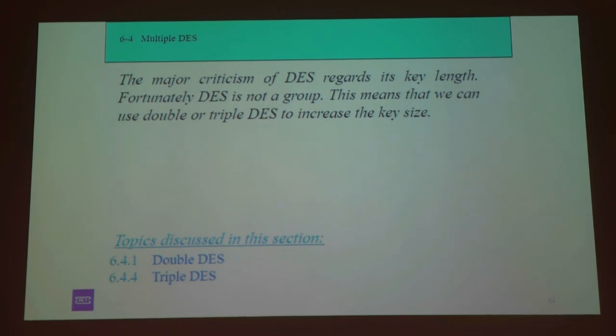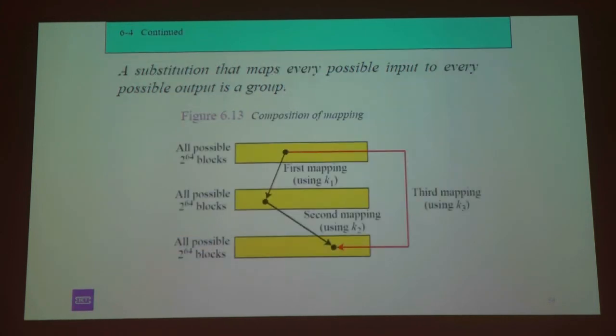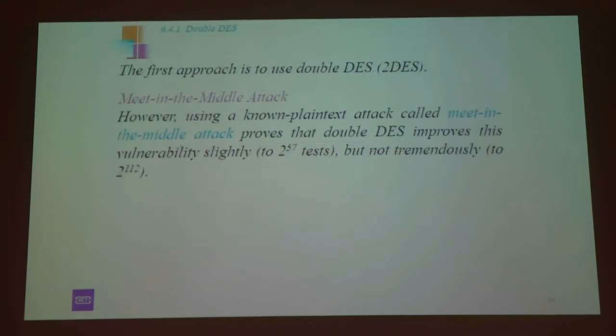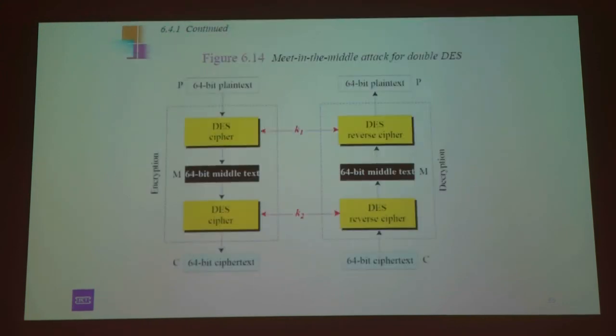So we'll come to the final thing to fortify the DES. You could use double DES and triple DES. I'm sure you heard about double DES and triple DES. You apply DES twice, so you have two keys, key 1 and key 2, and you reverse the process. You start with key 2 and then key 1.